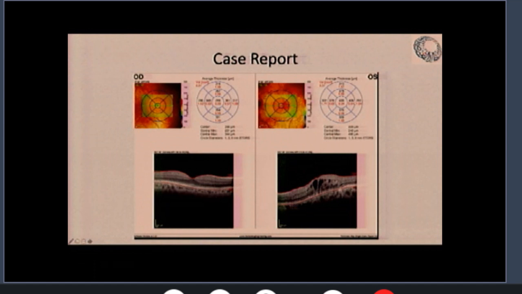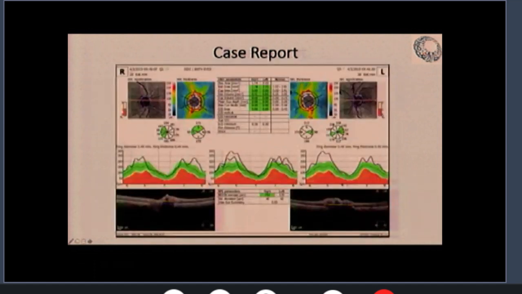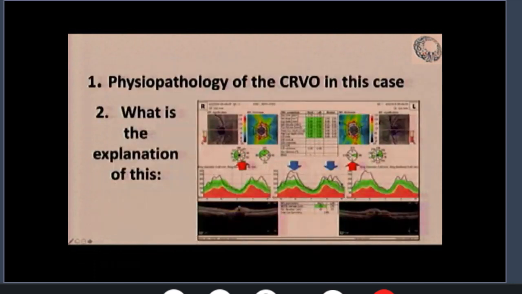This comes from the retina, so the quality is not as good as our OCT. You know that. Nerve fiber layer OCT, and the physiopathology of the CRVO in this particular case is question number 1. And what is the explanation of the white areas in the OCT?